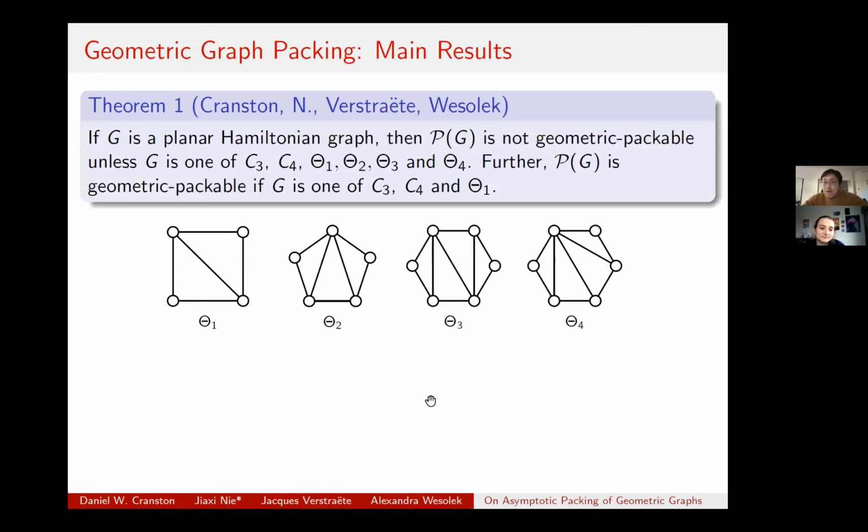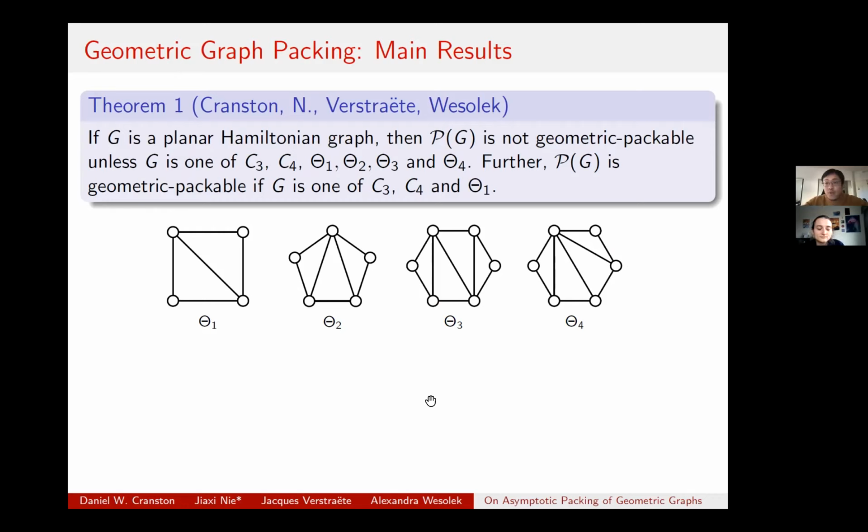And here is our main result. Our first main result claims that if G is a planar Hamiltonian graph, then the set of plane drawings of G, that is P of G, is not geometric packable unless G is one of C3, C4, theta 1, theta 2, theta 3, and theta 4. Here C3, C4 mean 3 cycles and 4 cycles, and theta 1, theta 2, theta 3, theta 4 are graphs as shown in the figures below.